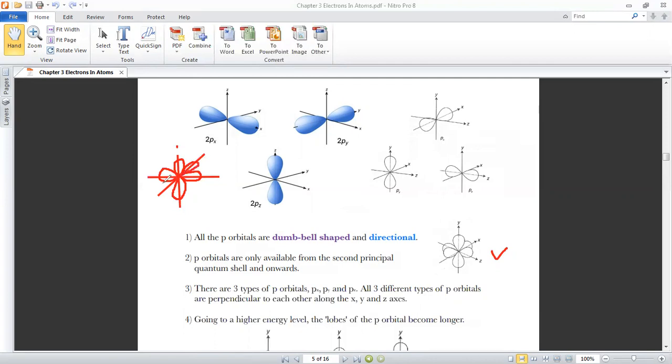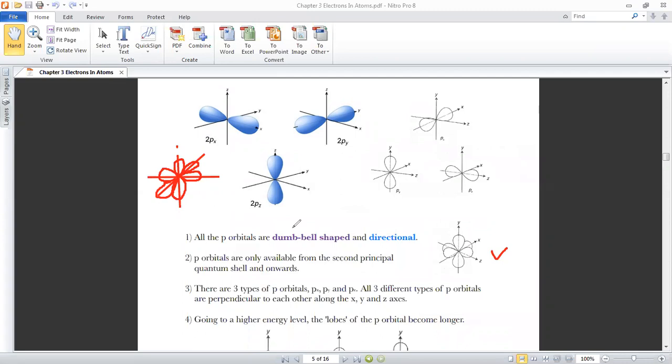Sorry, just need to draw a two-dimensional diagram. So you have drawn px, py, and pz all together on the same diagram. On the x-axis, y-axis, and z-axis, you have drawn three p subshells, p orbitals together.